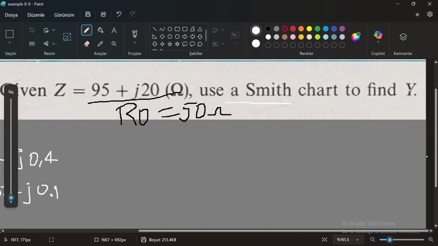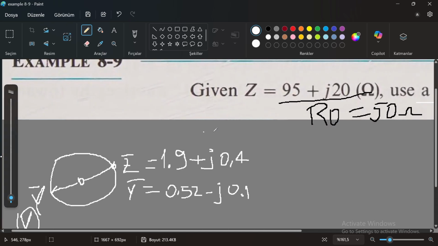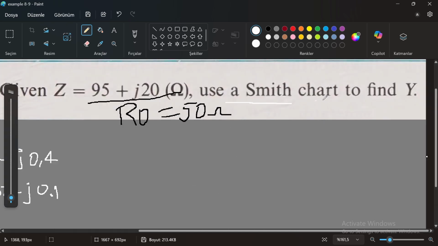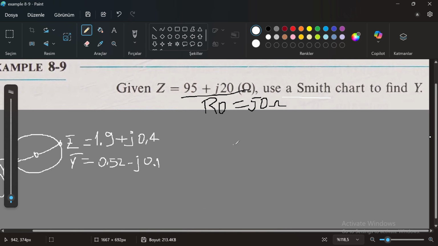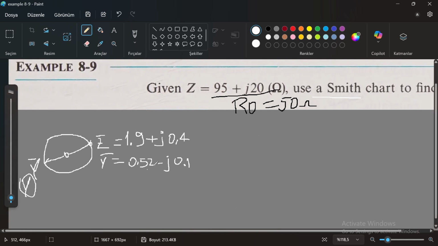But the question is asking for the admittance, not the normalized one. It's quite simple.